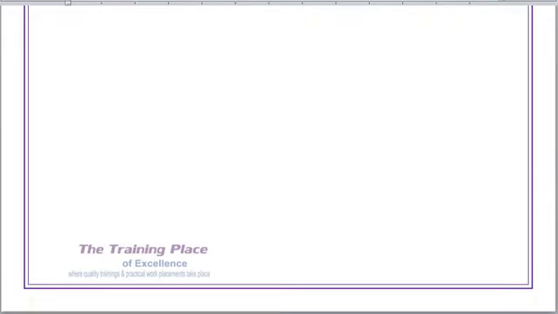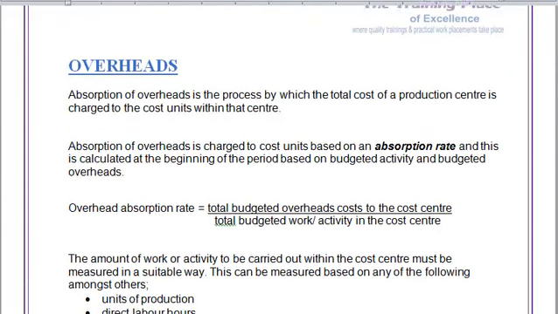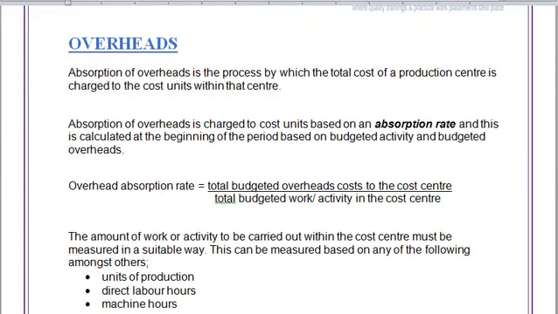If you've listened to the recording previously, you will have seen that when we talk about overhead absorption rate, we're looking at the cost of our light. To identify the cost of one unit of the product that we make, all those indirect costs, how do we collate them together and then charge them to identify the cost per unit that we have to incur?